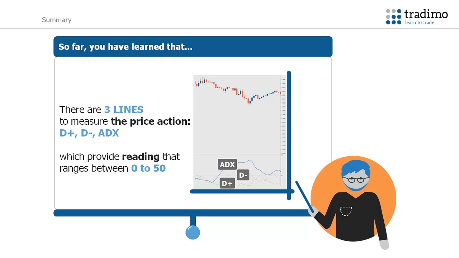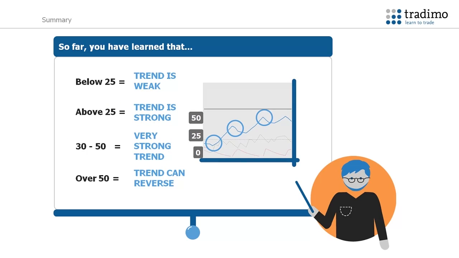It provides a reading which generally ranges between 0 and 50. A reading below 25 indicates a weak trend. A reading of above 25 signals a strong trend. A reading between 30 and 50 signals an extremely strong trend. A reading of over 50 signals that a trend is at its peak and could soon reverse.